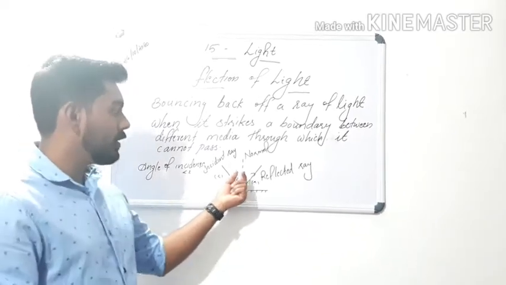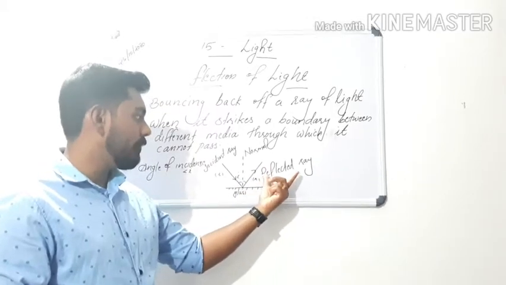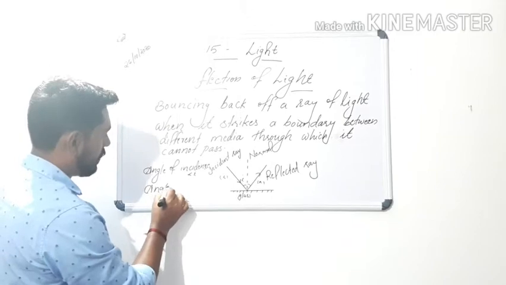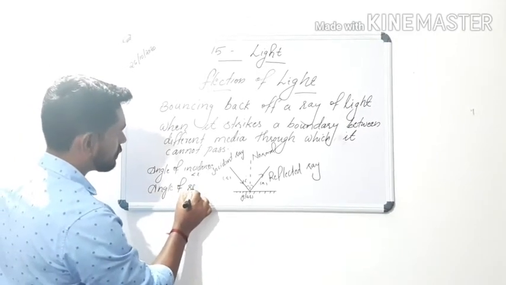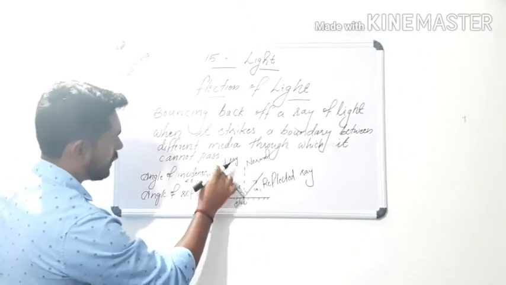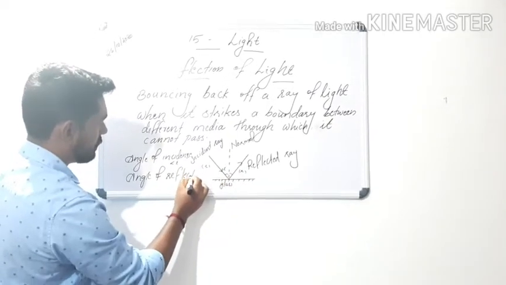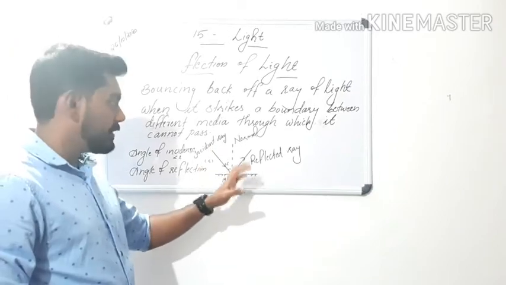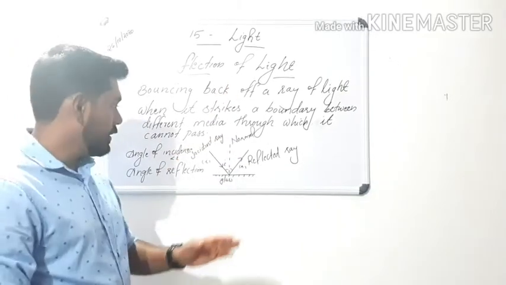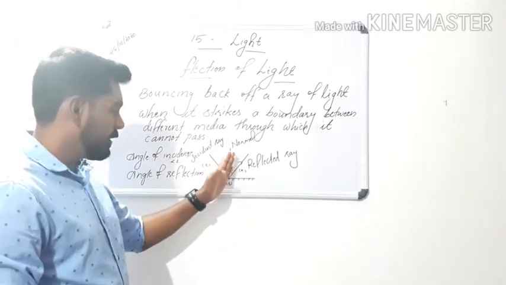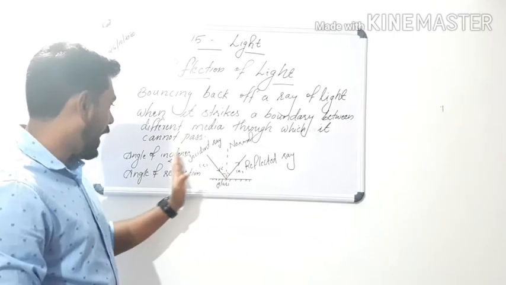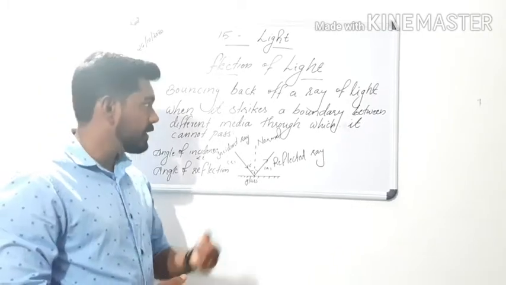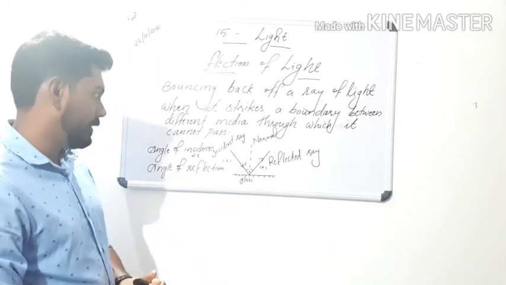The angle between the normal and the reflected ray is called the angle of reflection. These are the terminology related to reflection of light: the incident ray and reflected ray, the angle of incidence and the angle of reflection.